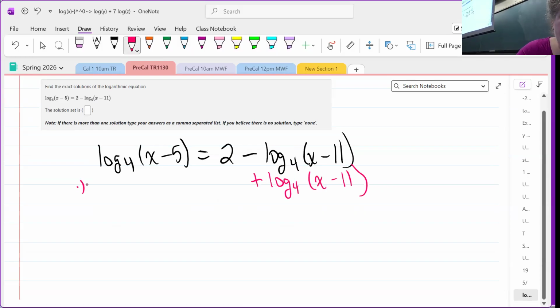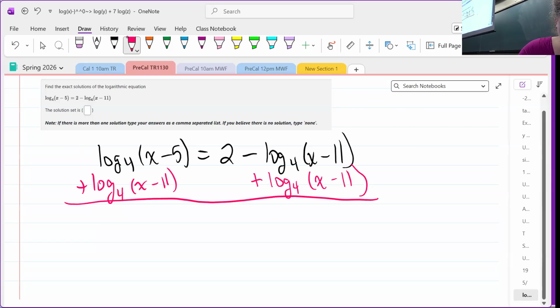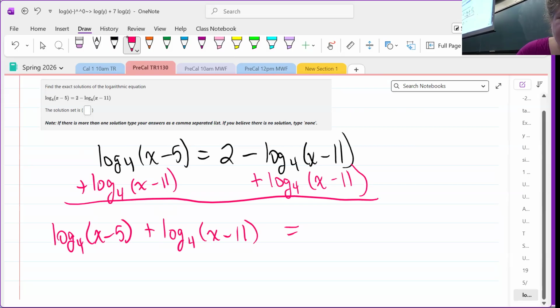So I'm going to add log base 4 of x minus 11 to the other side of the equation. Now, it's real tempting when you've got them listed with the plus here to try to add the insides. Don't do that. Logs have their own special properties. So right now, we're just moving the term to the other side of the equation. So just write it on that other side of the equation.